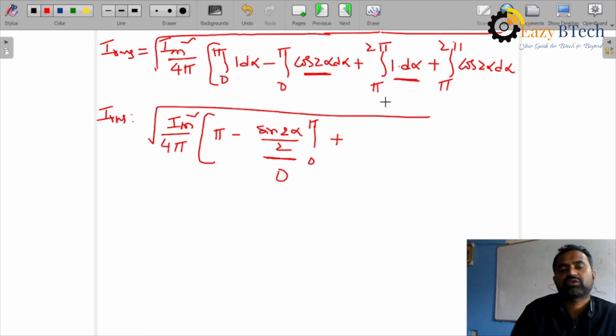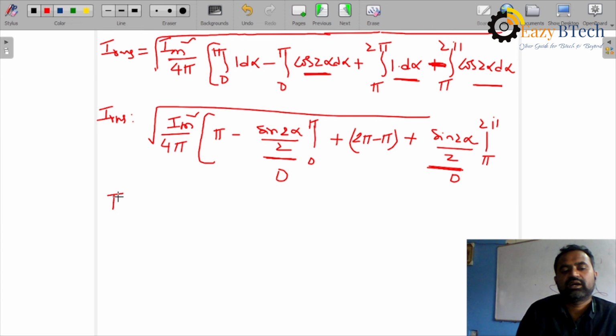In the alpha you can substitute the interval pi to 2 pi, you can simply write as 2 pi minus pi, you will write as pi, plus this term is also 0 again, you will write sine 2 alpha by 2, interval pi to 2 pi, here also minus not plus, this term is also 0.